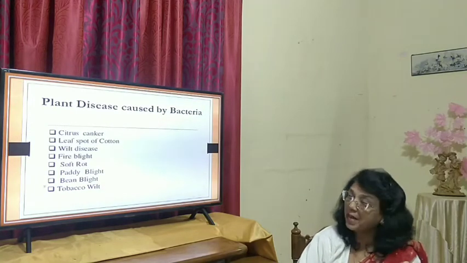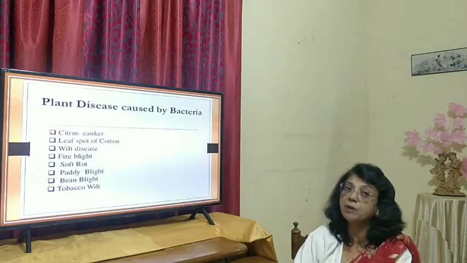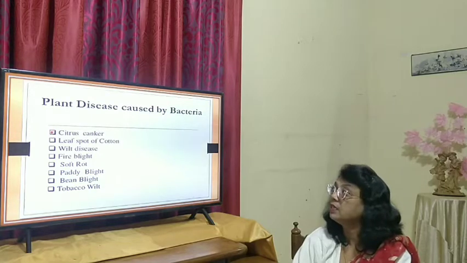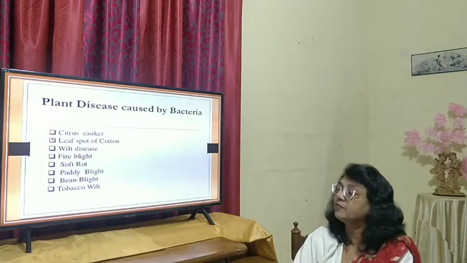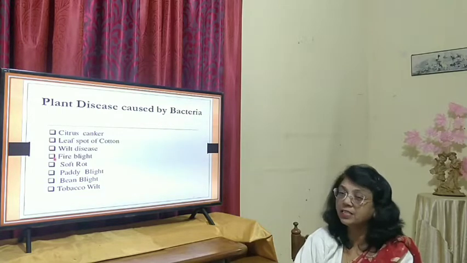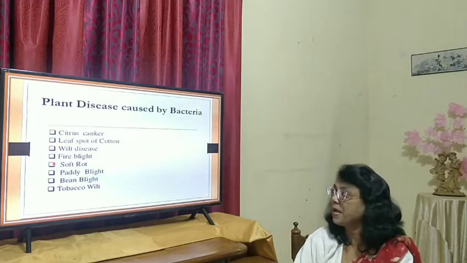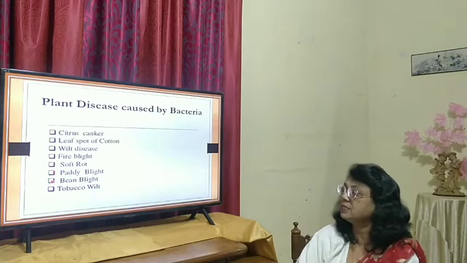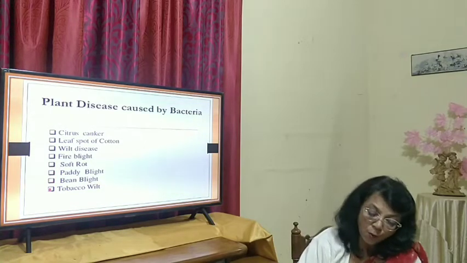In plants, the diseases that are caused by bacteria are citrus canker, leaf spot of cotton, wilt disease, fire blight, soft rot, paddy blight, bean blight, and tobacco wilt.